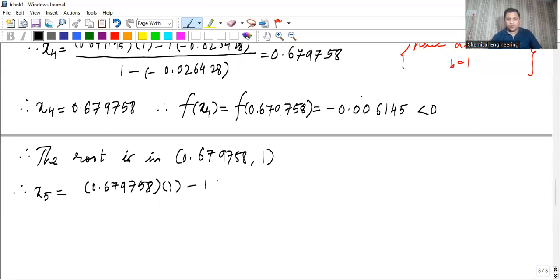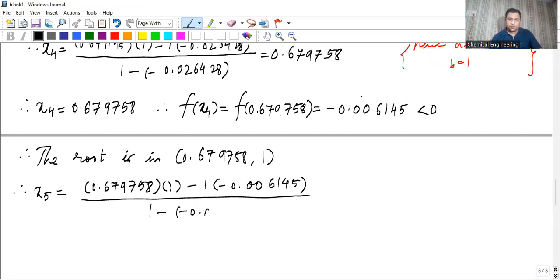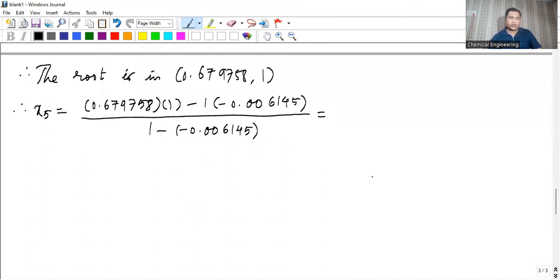Okay. So it is going to be 1 minus 0.006145. Okay, 1 minus 0.006145. So either we'll go for 5 iterations or we'll go for up to the accuracy.